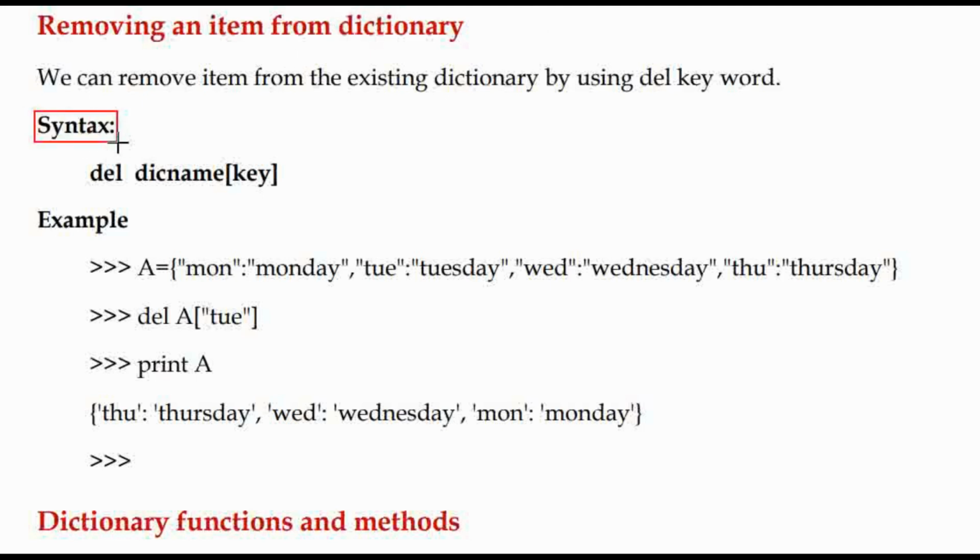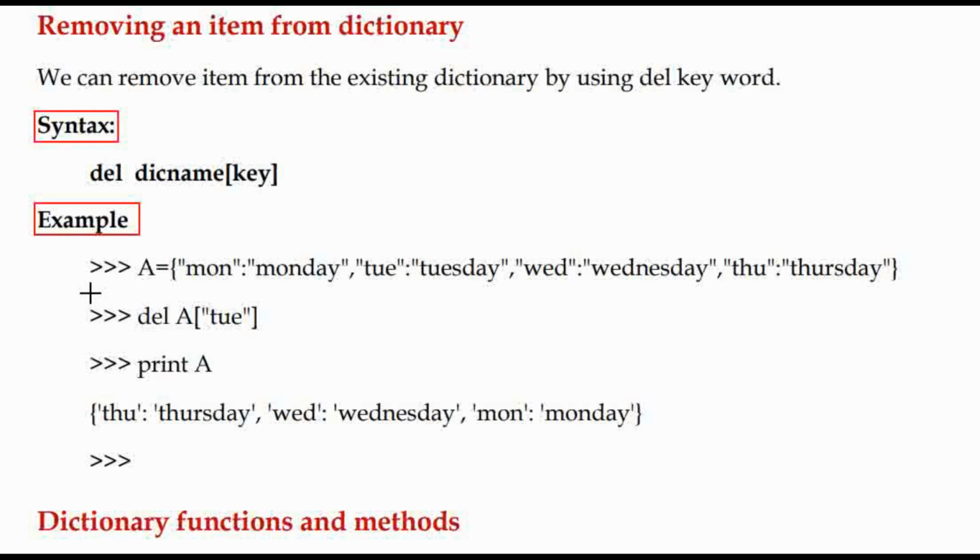Its syntax is del dictionary name, key. For example, A is equal to MON Monday, TUE Tuesday, WED Wednesday, THU Thursday.